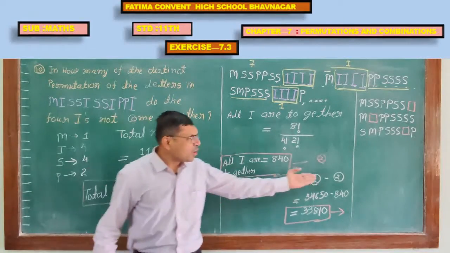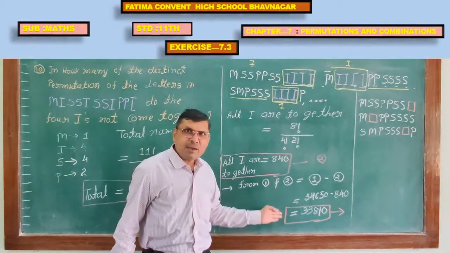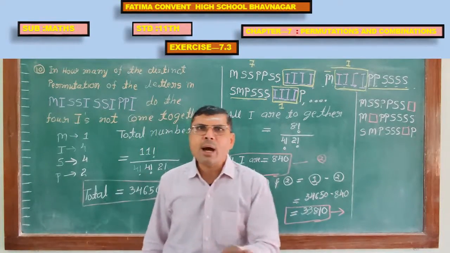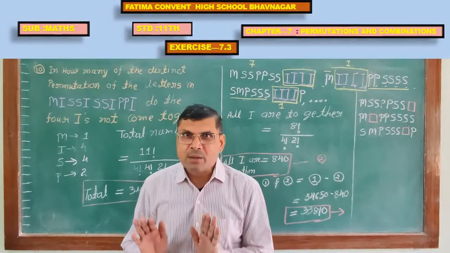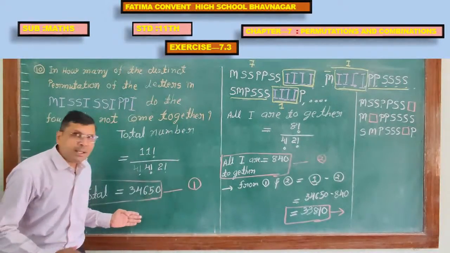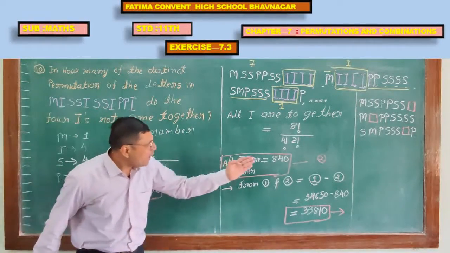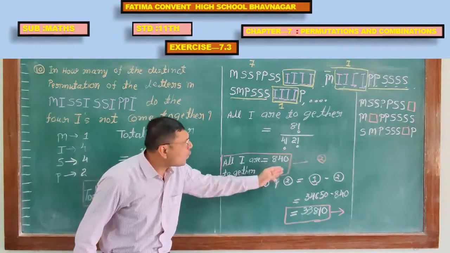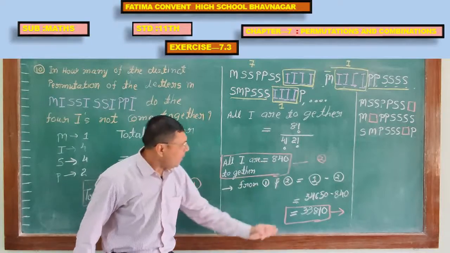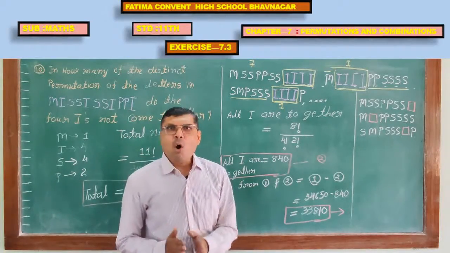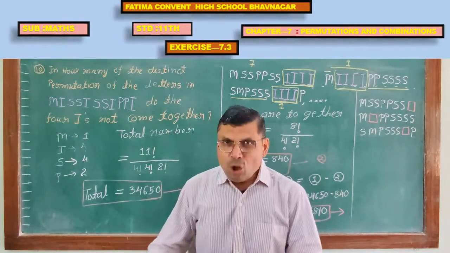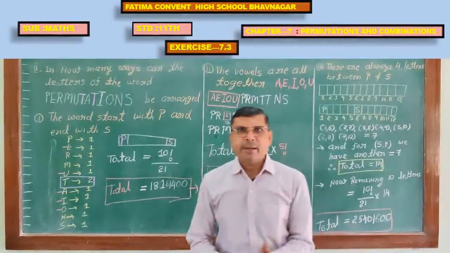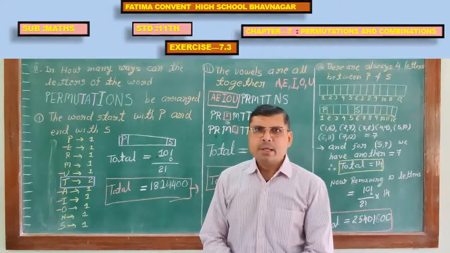When you take the subtraction, this is your answer, the number of ways in which all 4 I's are not together. Total possibility, and then I subtract 840, where all 4 I's are coming together. This is the answer that all 4 I's are not coming together. Is it clear? Okay. Very interesting question.